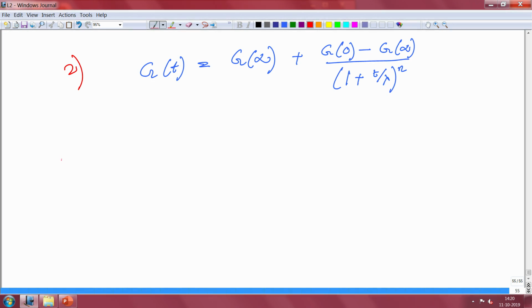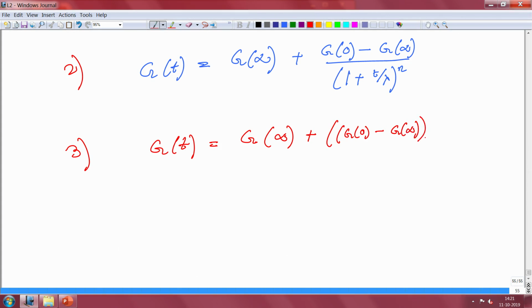Another possibility is G infinity plus G of 0 minus G of infinity times e to the power minus t by lambda to some exponent.